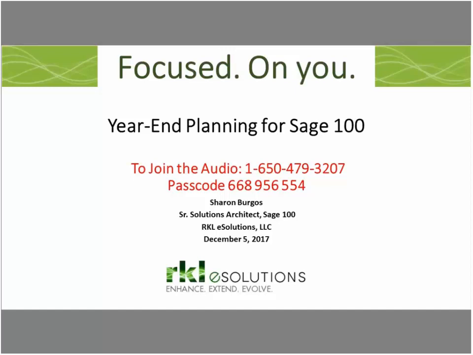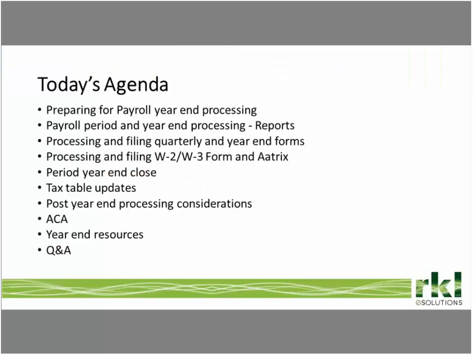All right, so good morning, everybody, or good afternoon for our East Coasters. For today's agenda, we're going to talk about preparing for payroll year-end processing. We're also going to take a look at the period end and year-end processing reports that are available in Sage. Talk about filing your quarterly and your year-end forms, as well as running your W-2s and 3s through Sage's utility that's run via Atrix.